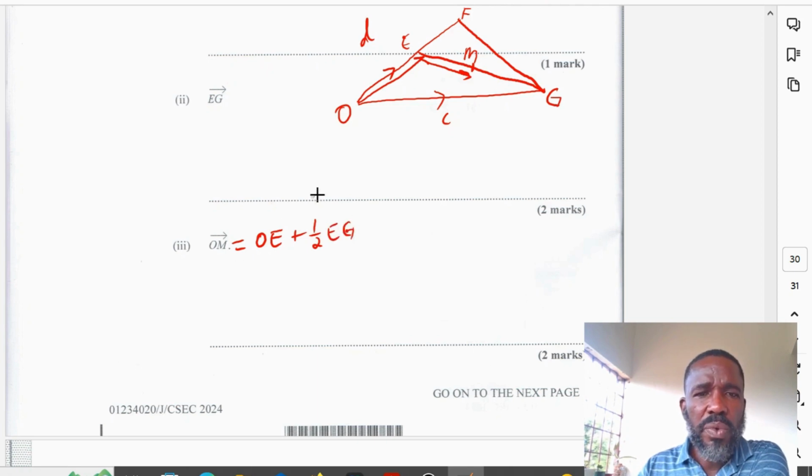As you remember, we had worked out EG earlier. So OE is actually equal to 2/3 of D plus half of EG.